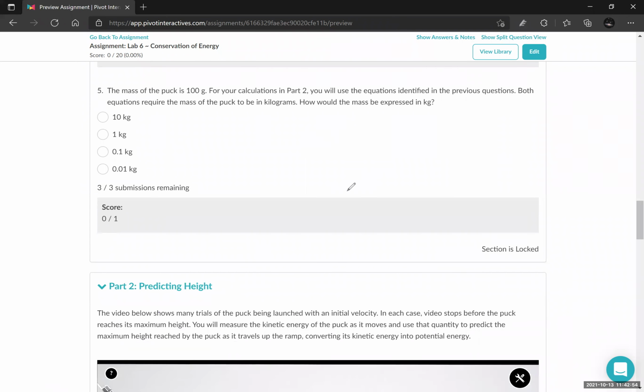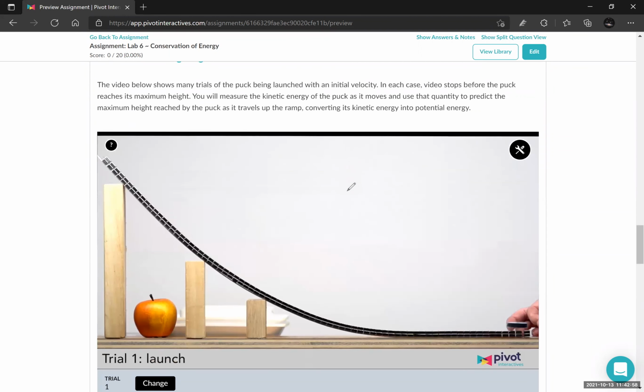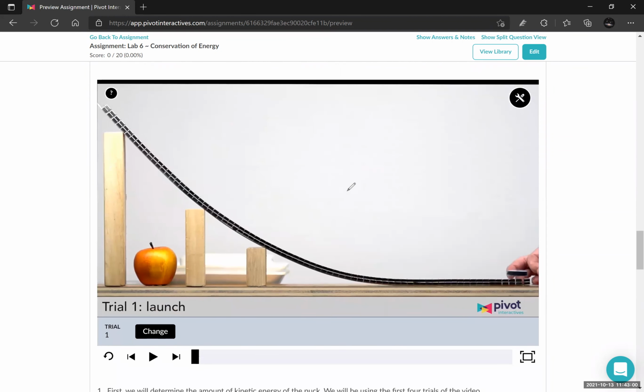Then we go to predicting the height. In this part, we're going to be looking at the experiment to predict height. Remember, we have 1/2 m v1 squared equals m g h1. Since mass is the same on both sides, we can cancel it out.